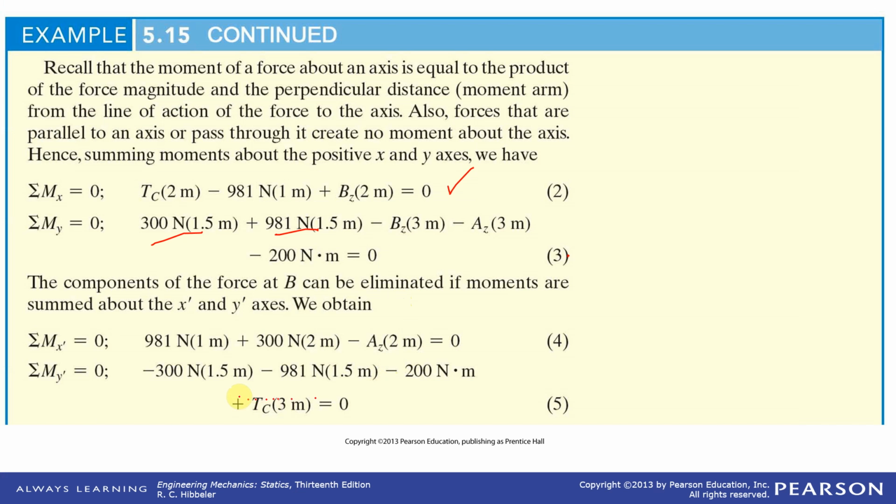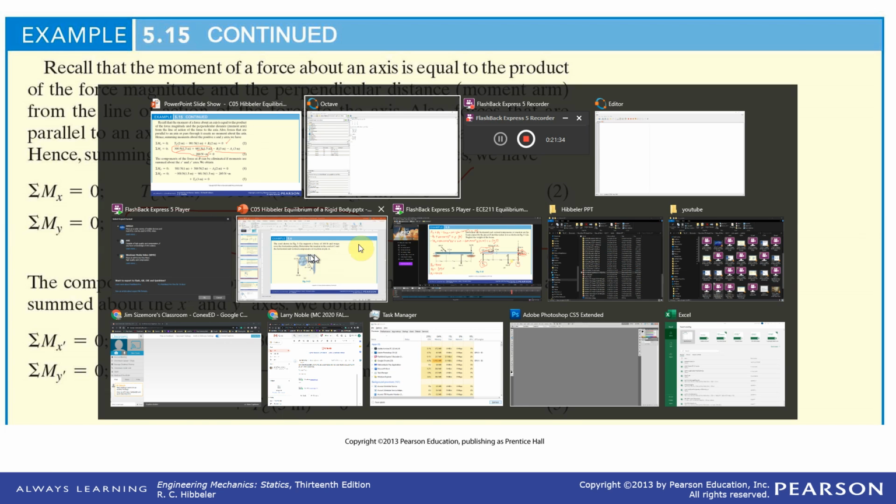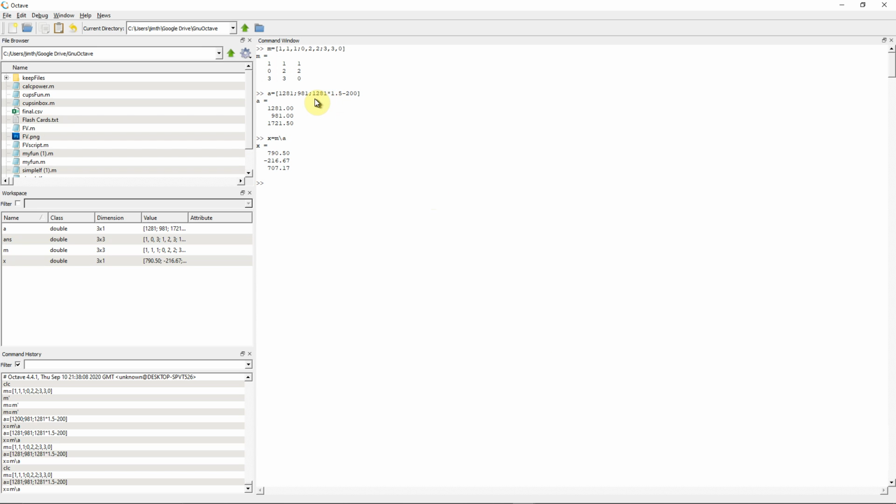And for the third equation, I'm going to have to sum up this stuff right here. Since I'm moving this to the other side of the equation, it's just 1281 times 1.5 minus 200. And I can write that in as a formula in MATLAB or New Octave.